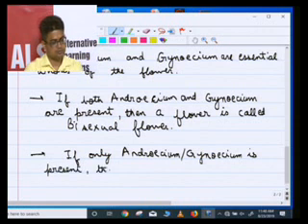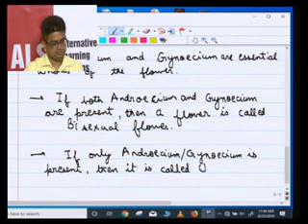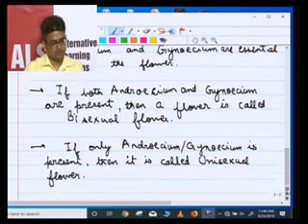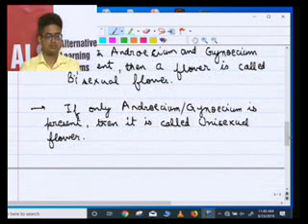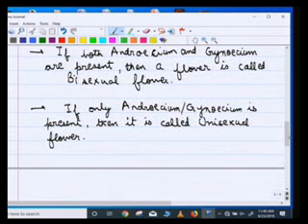If only androecium or gynoecium is present, then it is called a unisexual flower.